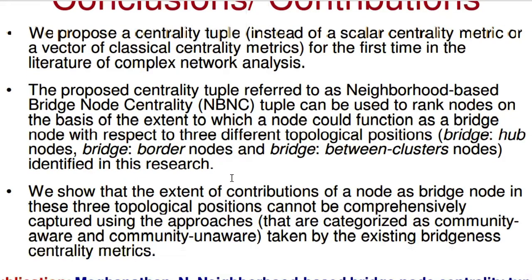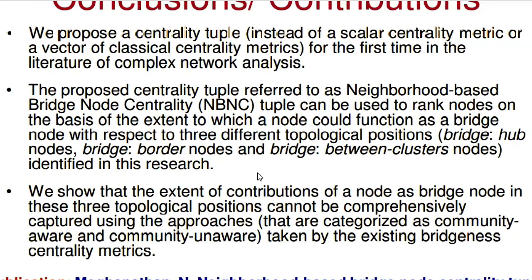And it can be used to rank the nodes as bridge nodes, such that all these three roles, a bridge hub, a bridge border node, or a bridge between clusters node, are comprehensively captured. Metrics like betweenness centrality capture the role of just a between-cluster node. It doesn't capture the role of a hub node or a border node.